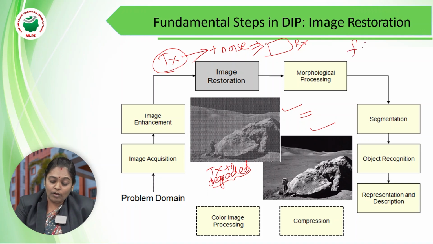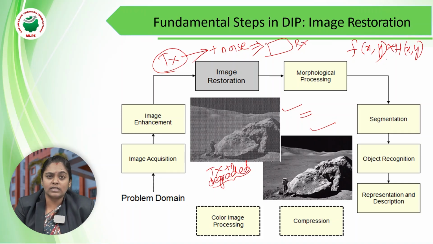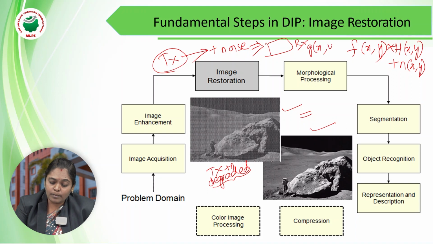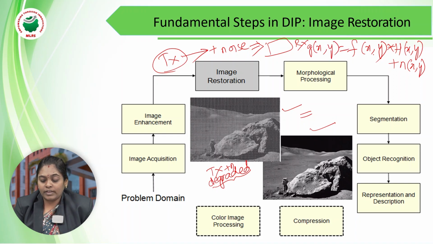So let me take f of x comma y as an input image. For this, if a filter function is applied in the spatial domain, it will be convolved with h of x comma y. This h of x comma y is a filter function. As I told you, there is a chance of adding some noise on that, so n of x comma y represents the noise added. So g of x comma y equals f of x comma y convolved with h of x comma y plus n of x comma y.